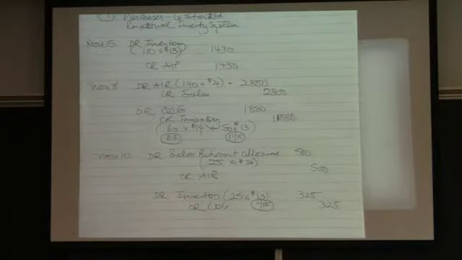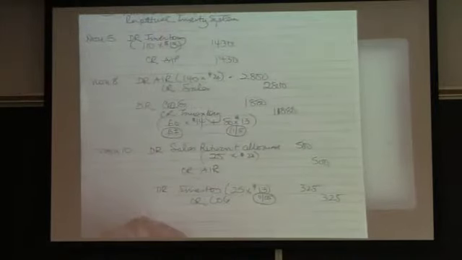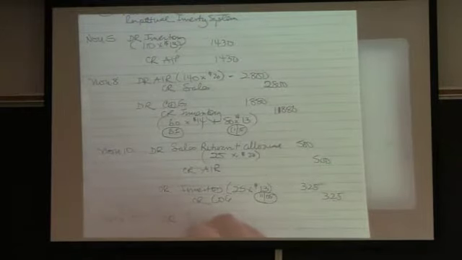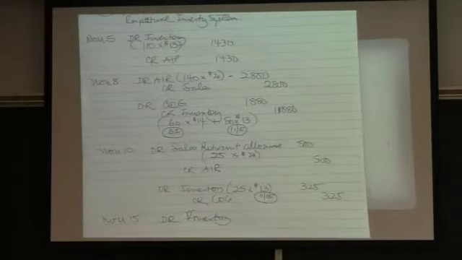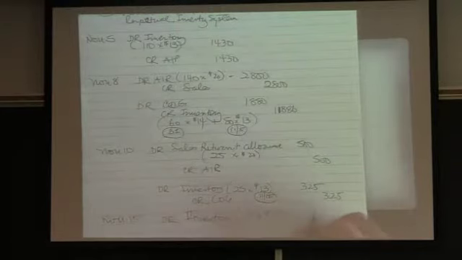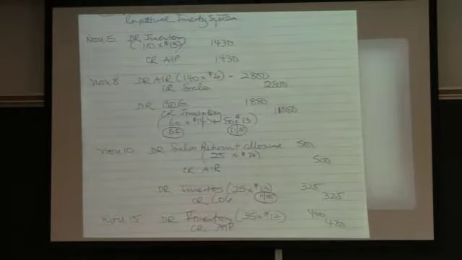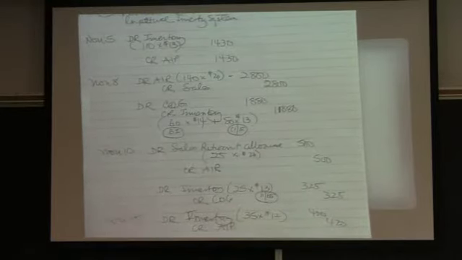Now, on November 15th, we had a purchase of 35 units. So we're going to debit inventory, because we're using perpetual. 35 times $12 is $420, and we're going to credit accounts payable at $420. Now, on November 16th, we had a return. So we bought and we returned.